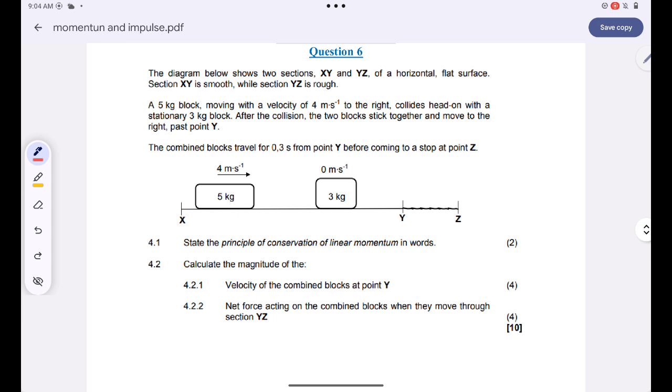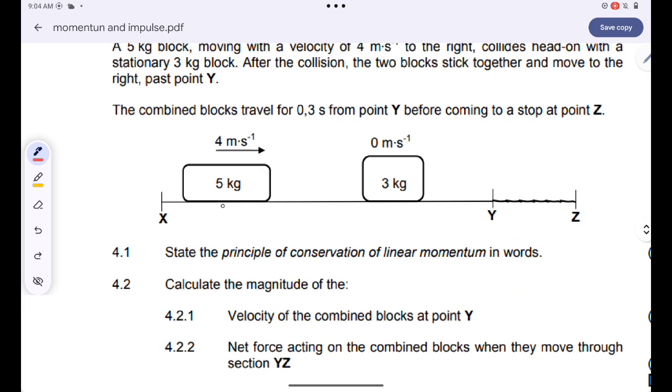After the collision, the two blocks stick together and move to the right past point Y. The combined blocks travel for 0.3 seconds from point Y before coming to a stop at point Z. We can call this object A and object B.